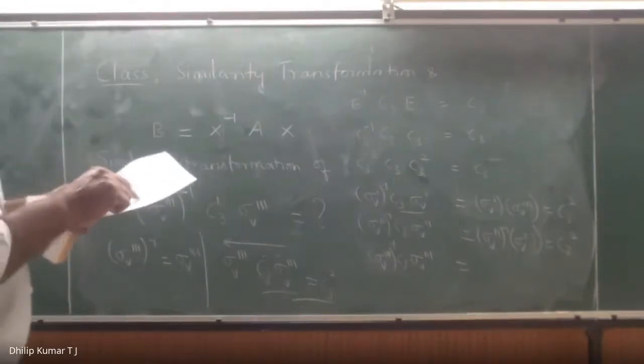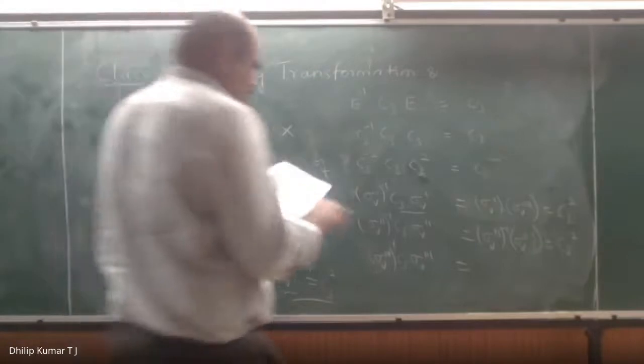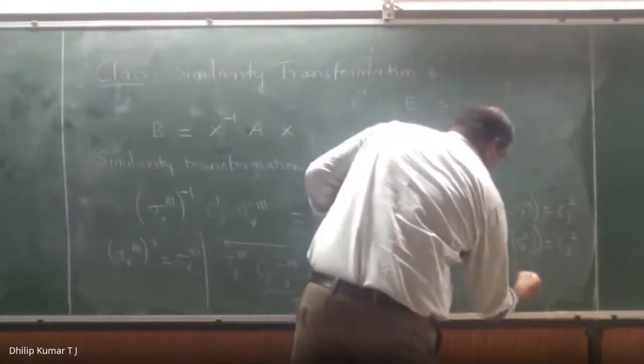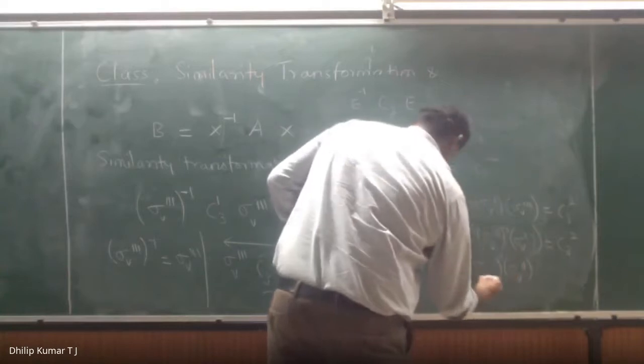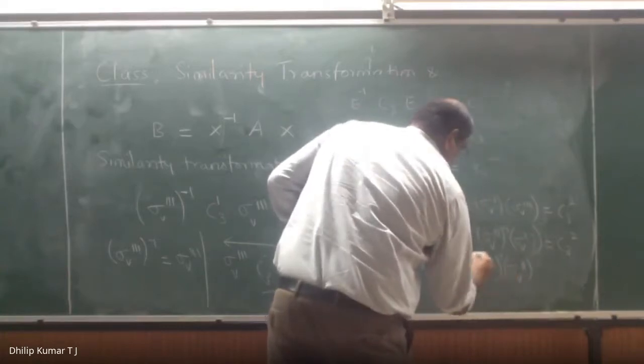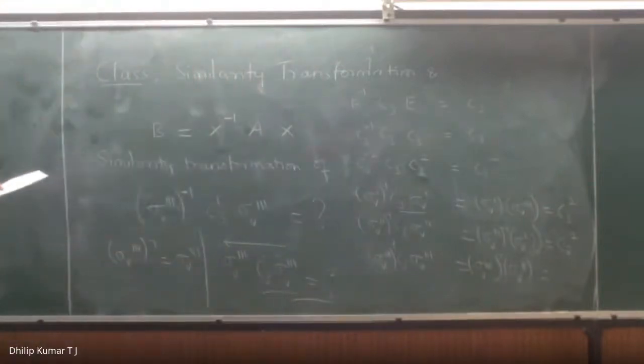Sigma V triple prime multiplied by C3, sigma V double prime, double prime and triple prime, C3 2.